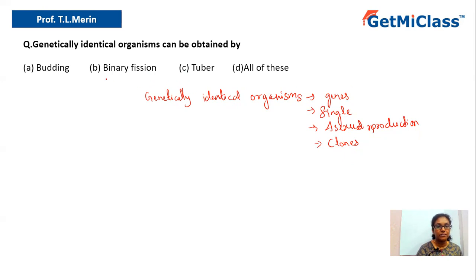Now, the first one, budding. So what do you mean by budding? Budding is a process by which tiny outgrowths are formed. So small outgrowths are formed, and these further will give rise to an offspring.